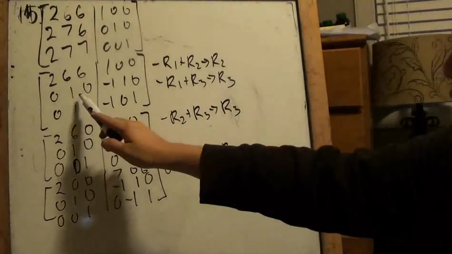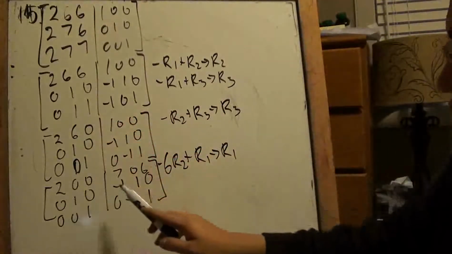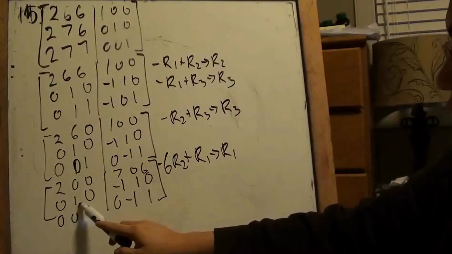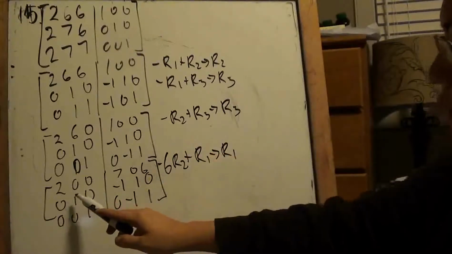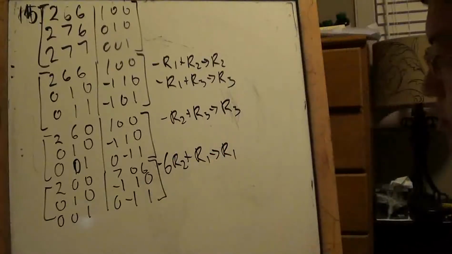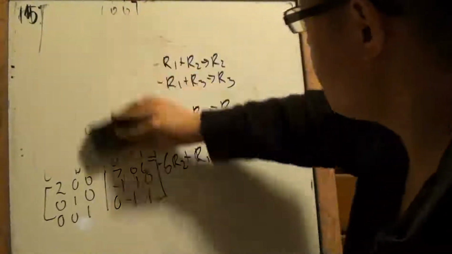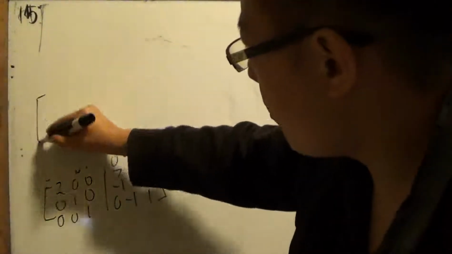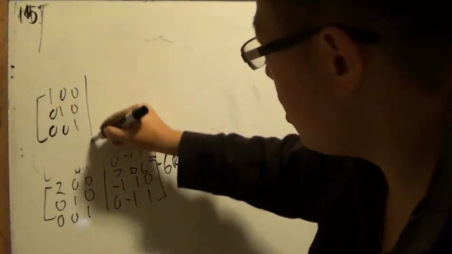So just times the second row by negative, and add it to the third row to get rid of this. And then to get rid of that 6, I got this, and the second row times it by -6 and add it to that one. So that's that, right? So we're awfully close, right? So then all I did was got the first row and divided by 2. Do I want to rewrite this? Might as well. So I have 1 0 0, 0 1 0, 0 0 1.